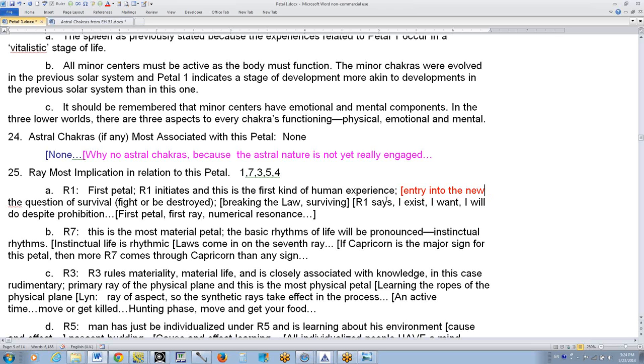Ray 1 says, I exist, I want, I will do, despite prohibition. So the first petal, first ray, and the numerical resonance through the breaking of the law and the paying of the price of suffering, knowledge is acquired.